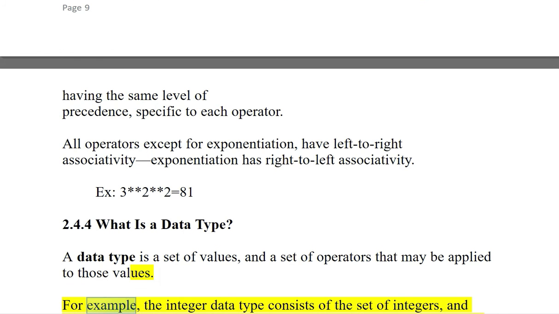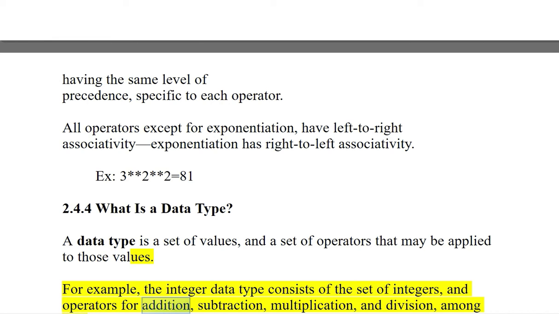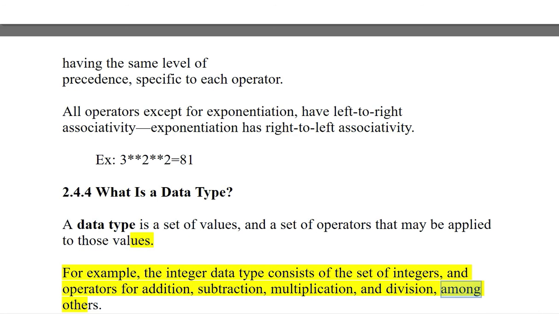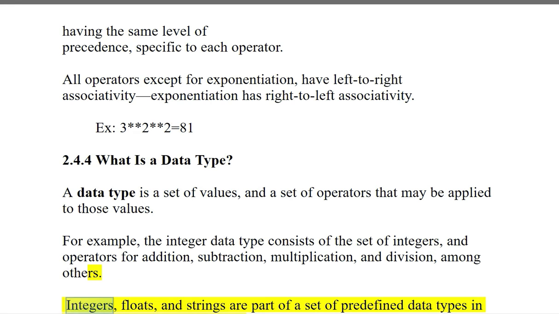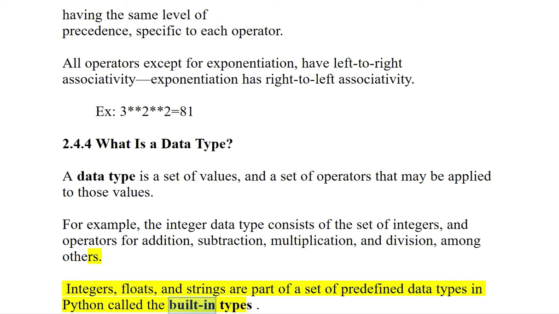For example, the integer data type consists of the set of integers, and operators for addition, subtraction, multiplication, and division, among others. Integers, floats, and strings are part of a set of predefined data types in Python called the built-in types.